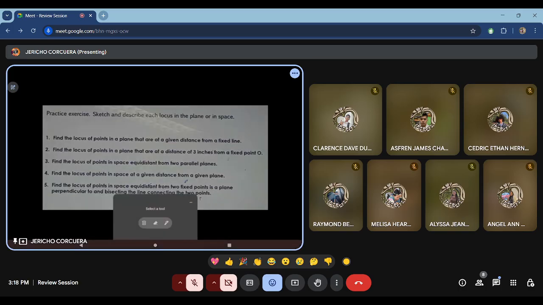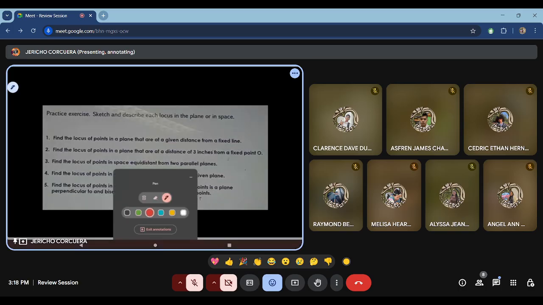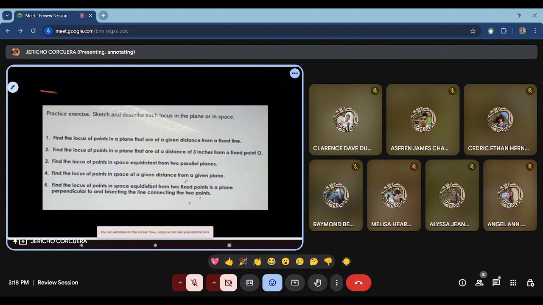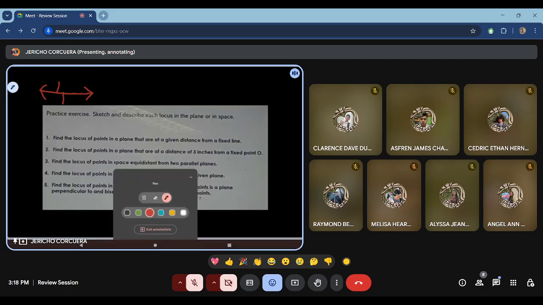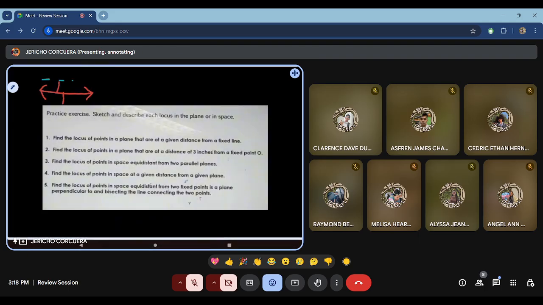So number one, this is the fixed line, and we have the distance here and here. And the locus of points goes like this.